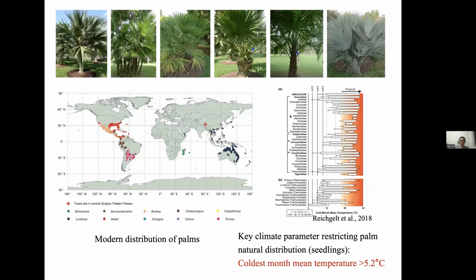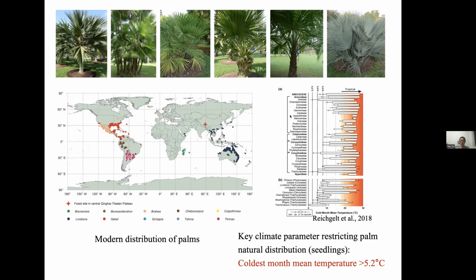According to a recent reference by Rich Gate, and also with a lot of data from the internet, we found the main factor restricting the distribution of palms is the coldest month mean temperature.